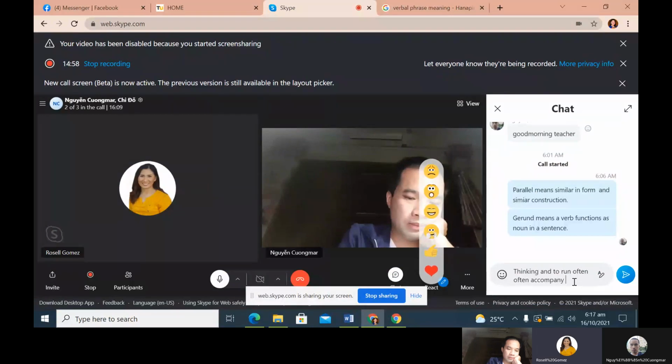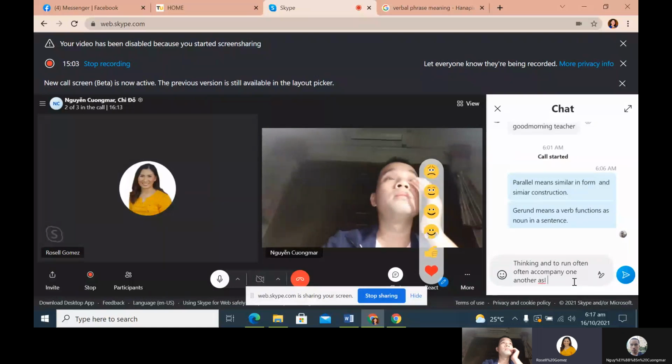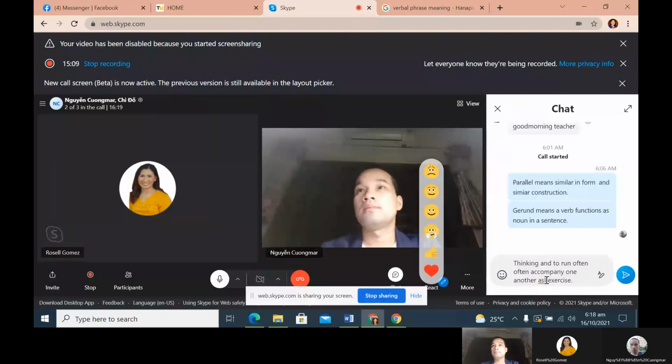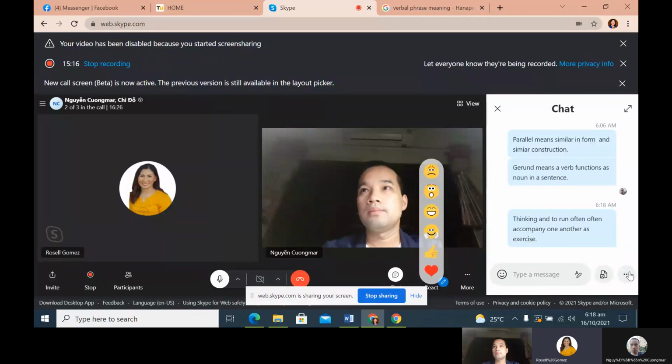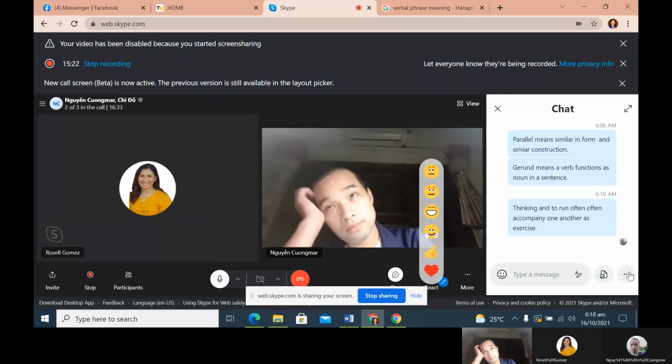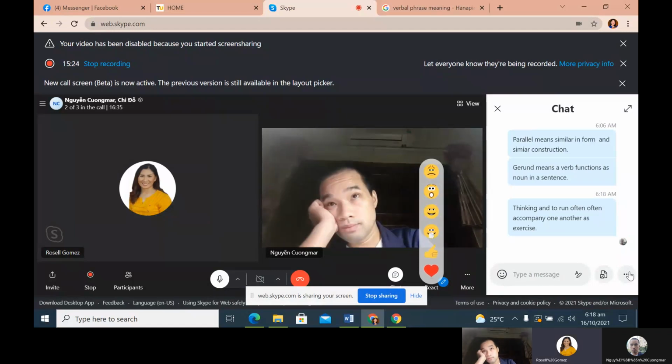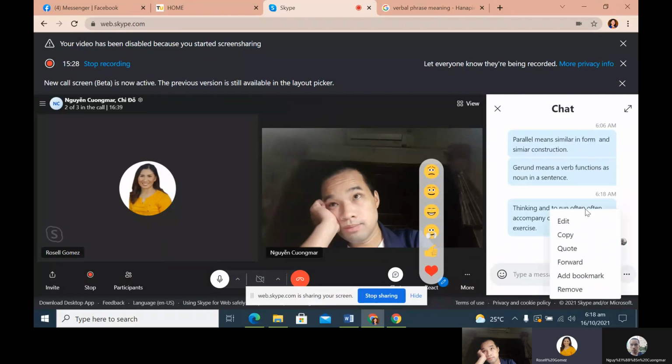Okay, look at this one. Thinking and to run often accompany one another as I exercise. Now, what about this one? Please tell me whether this sentence is parallel or not parallel.